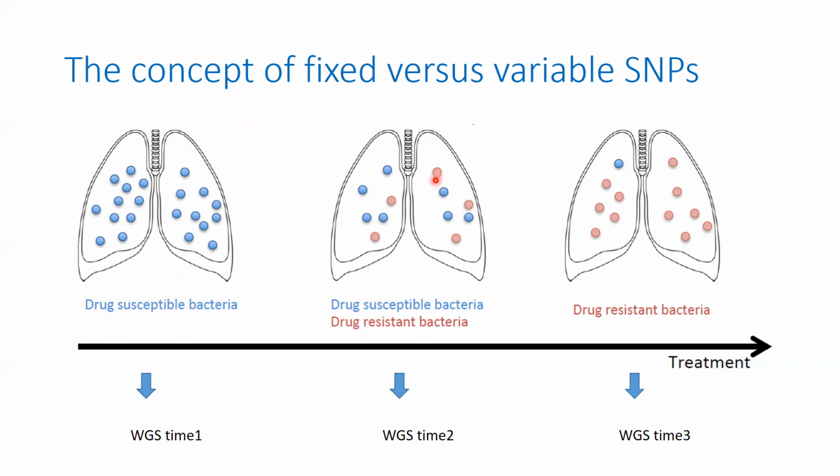At time 2, some resistance conferring mutations could be appearing together with drug susceptible alleles, and this we could call a variable SNP. Sometimes these variable SNPs are also called heterozygotes, which is a nomenclature that is inherited from diploid organisms. Formally, that's not completely correct because bacteria are haploid. That's why we call them variable SNPs.